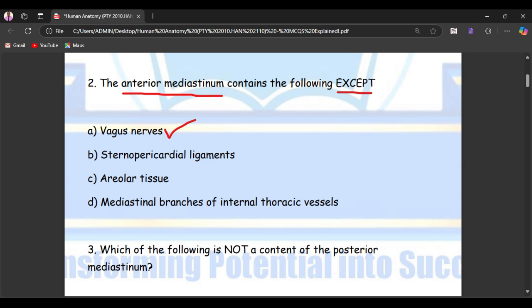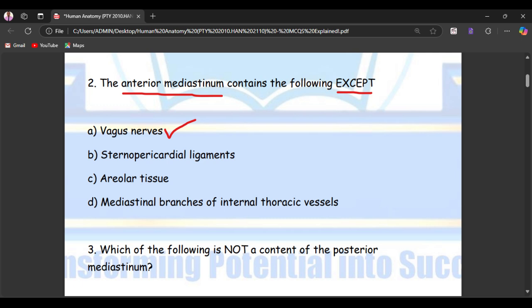The anterior mediastinum, which is a subdivision of the inferior mediastinum, contains various contents which include loose areolar tissue. It also has some lymphatic vessels which ascend from the convex surface of the liver. We also have mediastinal lymph nodes, which can be 2 or 3 of them.